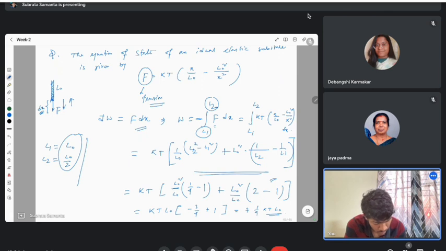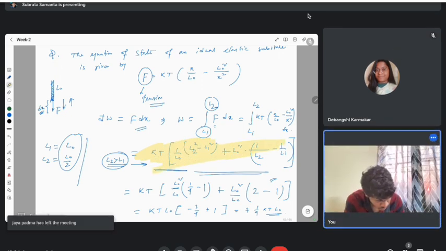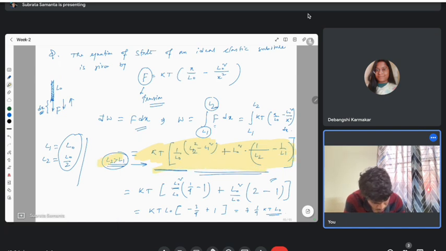When I write this expression, L2 is always greater than or equal to L1, so this expression is valid for this case.